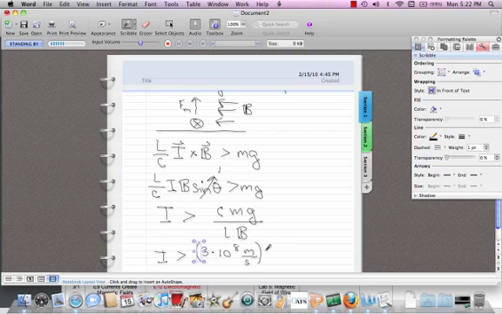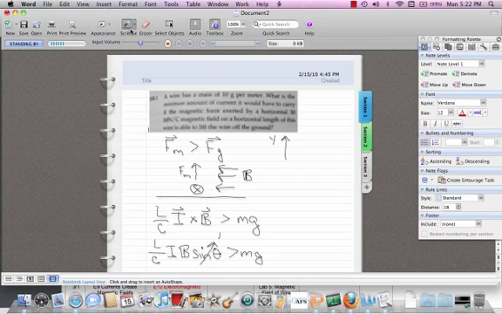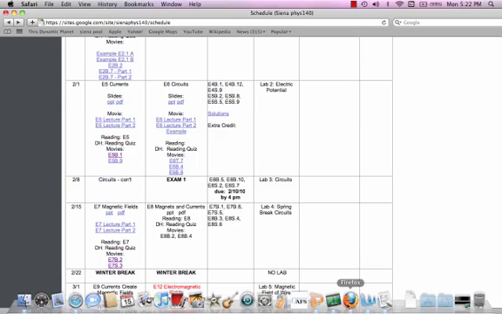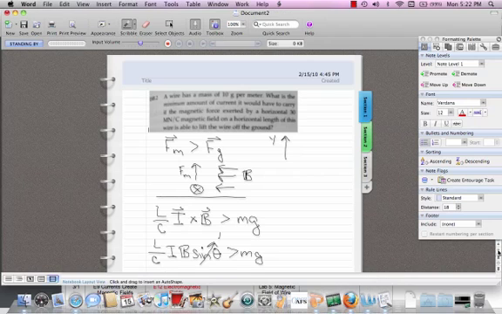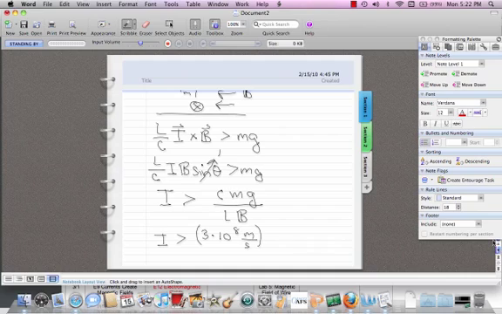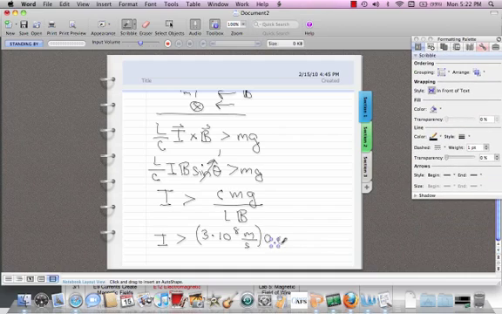The mass is equal to 10 grams for 1 meter, and we need to convert that to kilograms. So 10 grams is 0.010 kilograms, and then g is 9.8 meters per second squared.